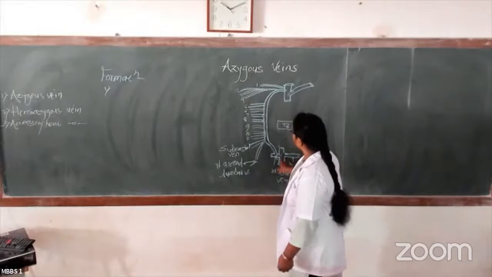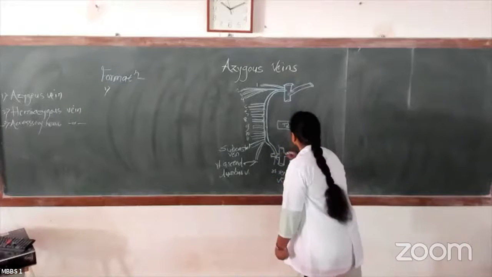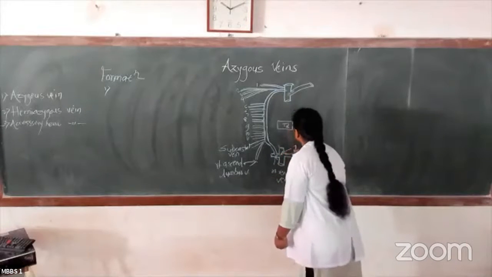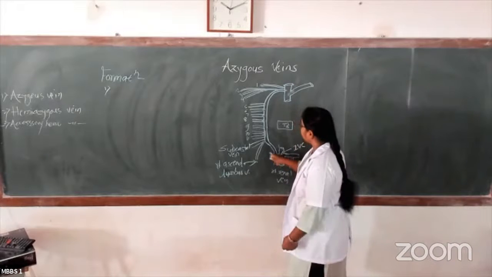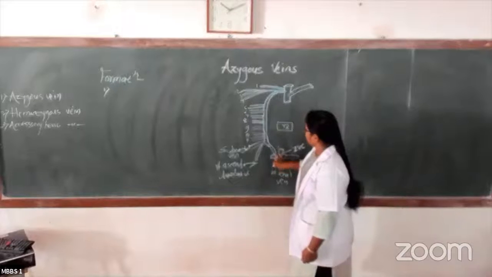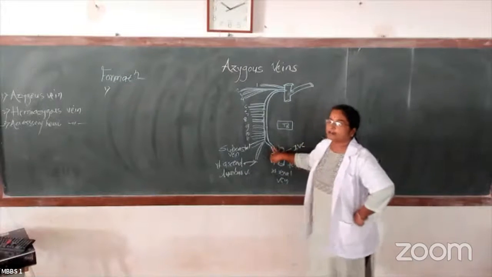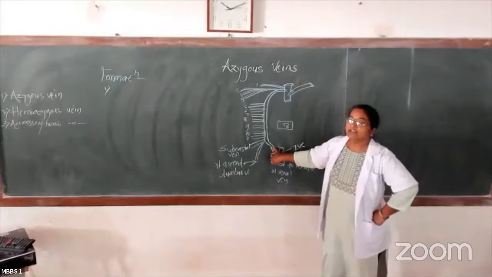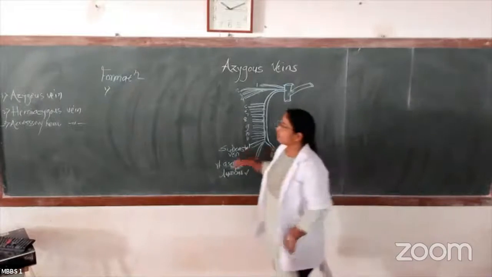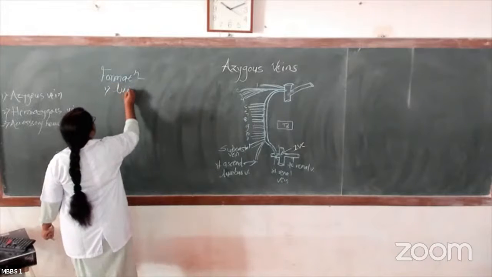So as I told you, it forms behind the inferior vena cava at or below the level of this right renal vein. Then it ascends in front of the lumbar vertebrae as the lumbar azygous vein. So the first way of formation is as the lumbar azygous vein.